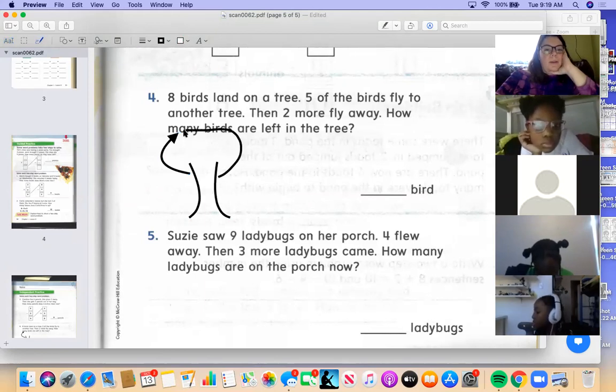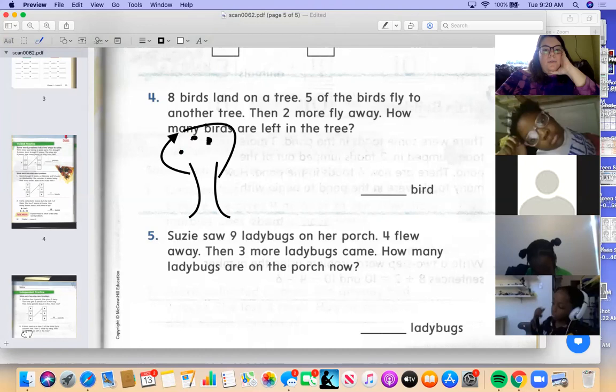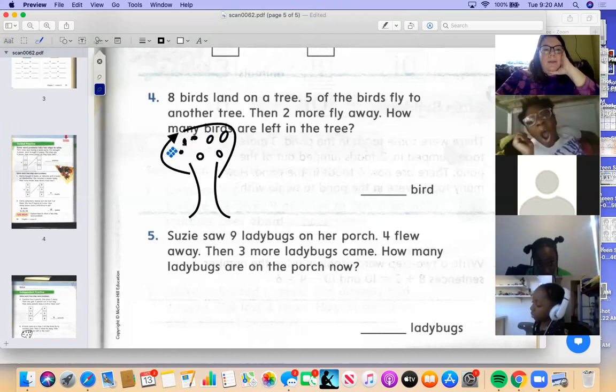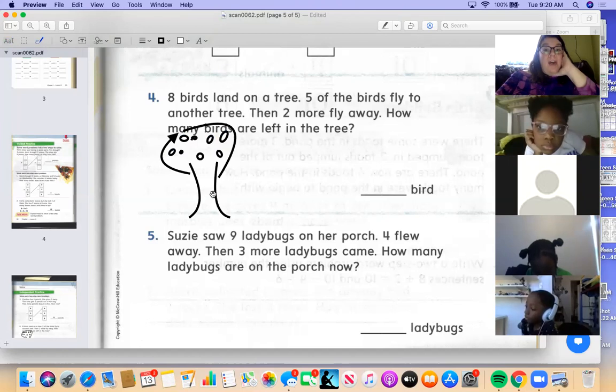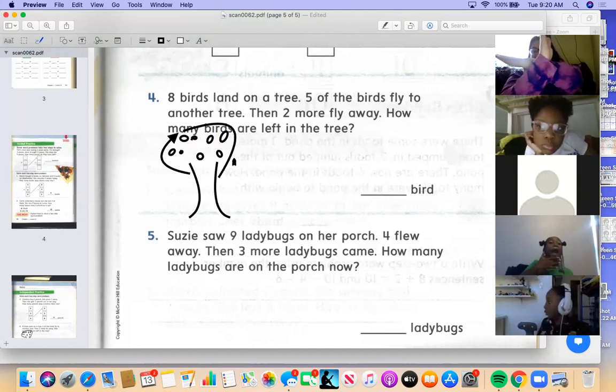And there are 8 birds. 1, 2, 3, 4, 5, 6, 7, 8 birds. 5 of the birds flew to another tree. So what am I doing? Am I adding or subtracting? Everybody show me with your hands. Are we adding or subtracting?